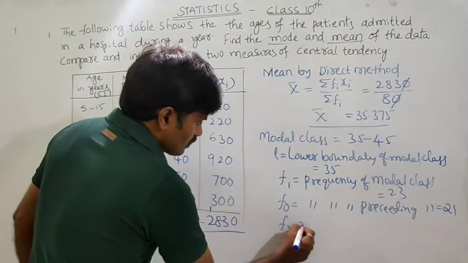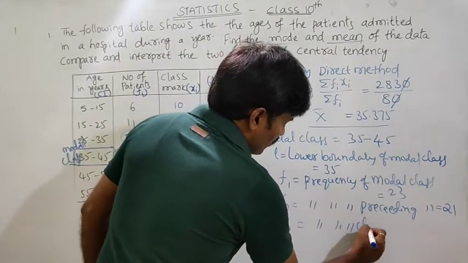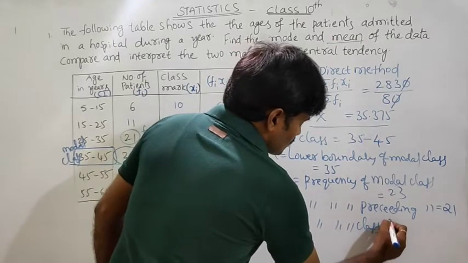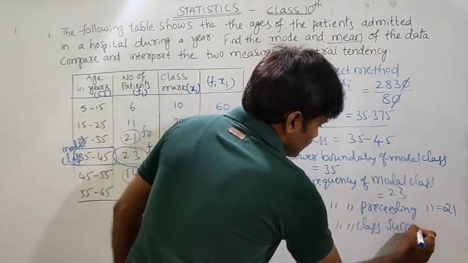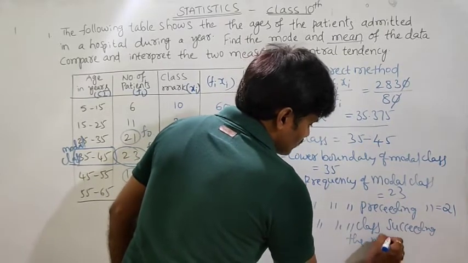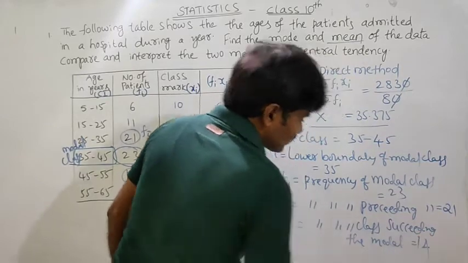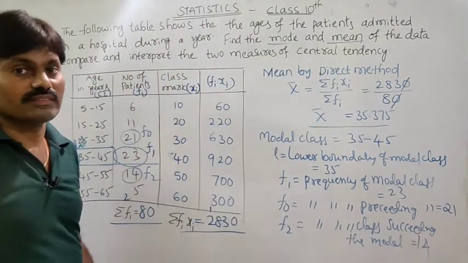Now F2 is the frequency of the class succeeding the modal class. How much? 14. Succeeding the modal class is 14.